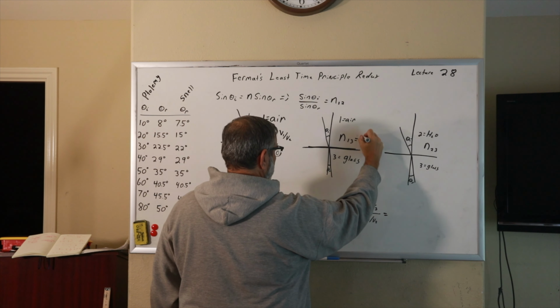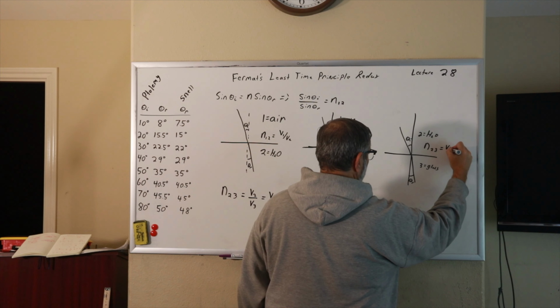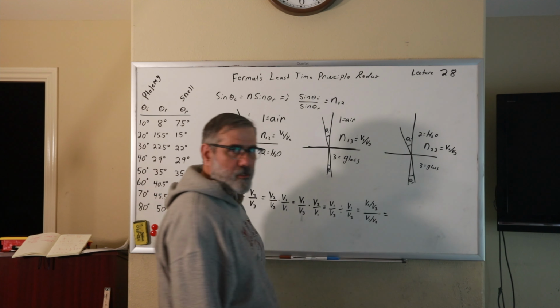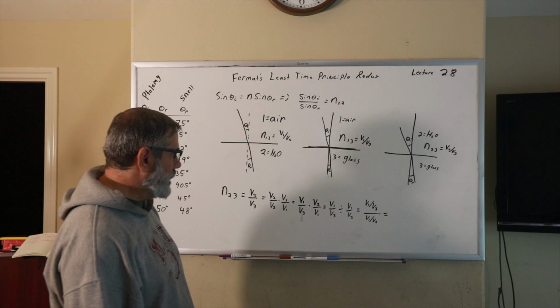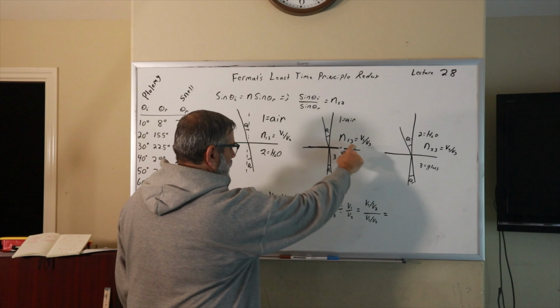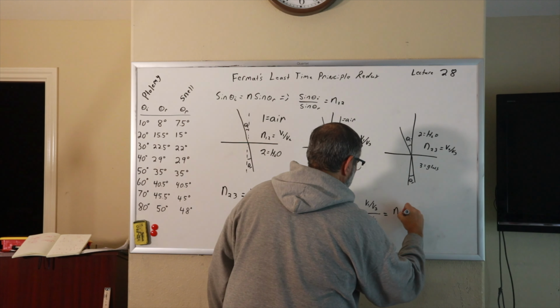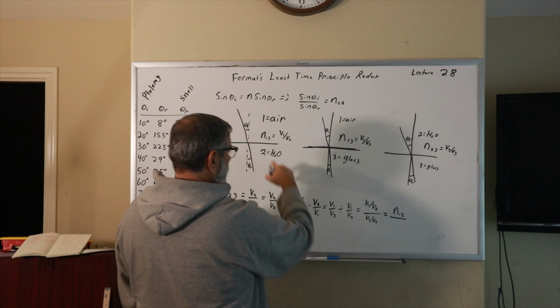N13 is V1 over V3. And N23, of course, is V2 over V3, using this principle of least time, this idea that light travels at different speeds in different materials, right? Yes. V1 over V3, well, that's just N13, right? And V1 over V2, well, that's just N12.